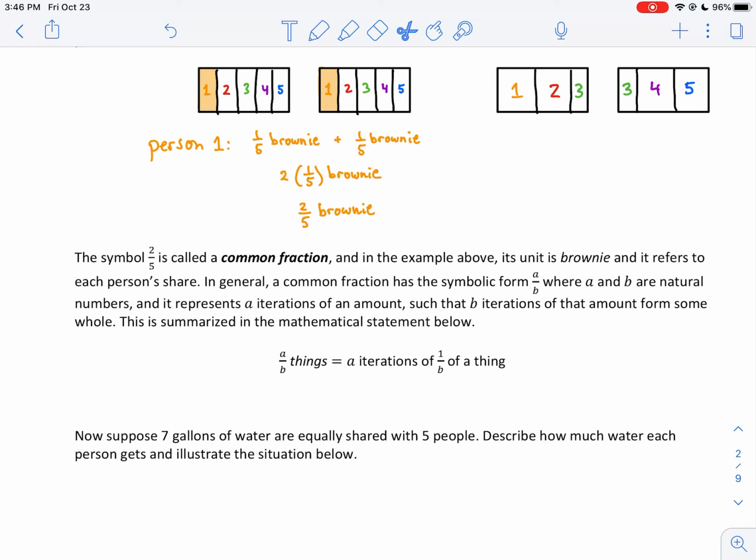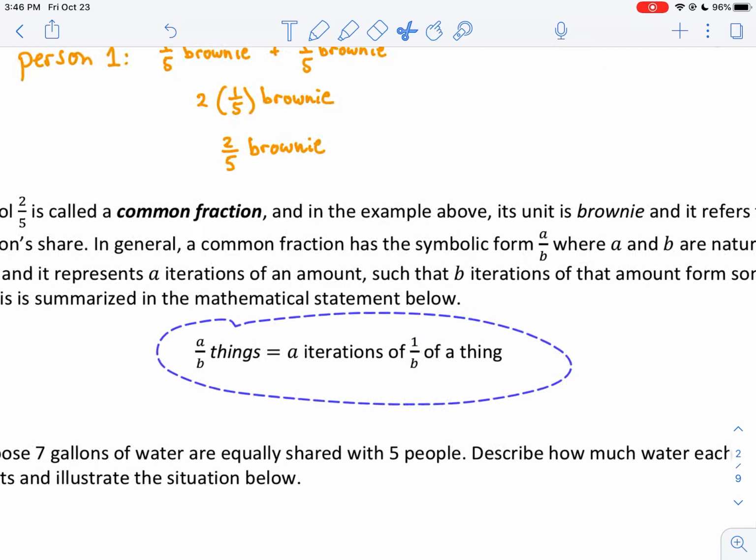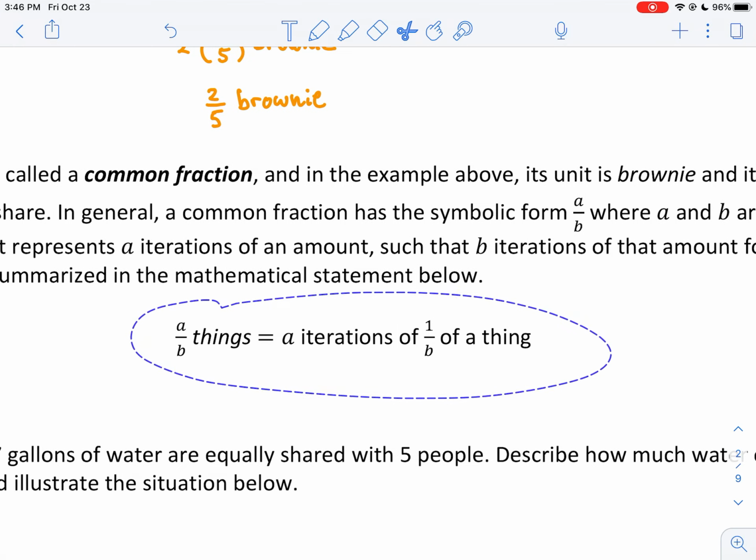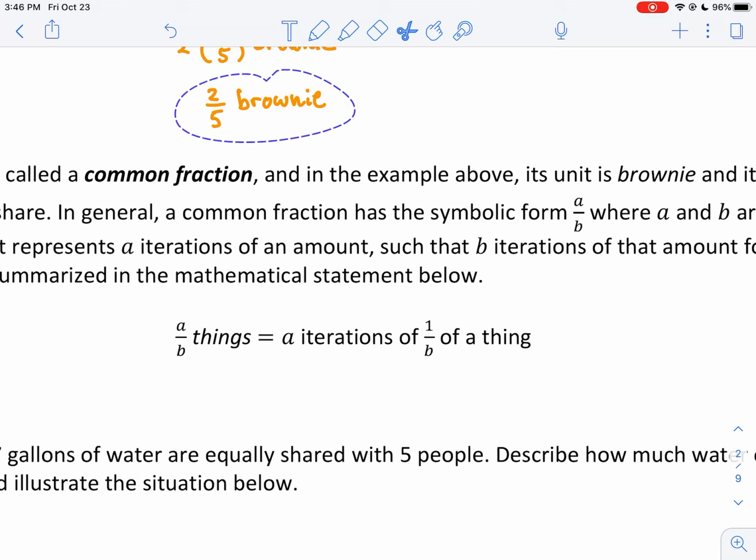Another way to say this, in a mathematical way, is written right here. If we say a bth things, so maybe a bth of a brownie, that is equal to a iterations of 1 bth of that thing. So in the case of our brownie example, 2/5 of a brownie means literally 2 iterations or 2 copies of 1/5 of a brownie.